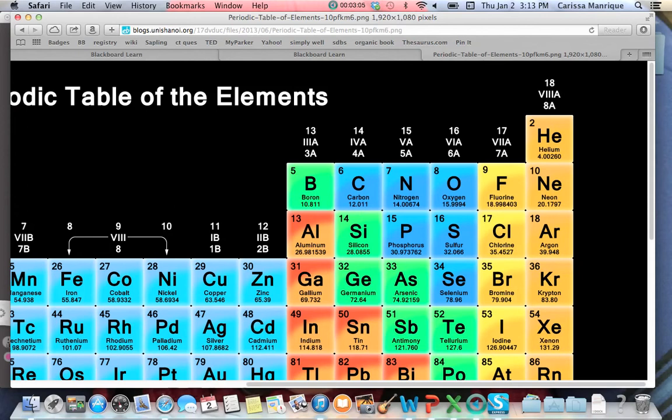But it's actually about 99.9% 12, 0.08% 13, and maybe 0.02% 14. Carbon 13 means we have 1 additional neutron, and carbon 14 means we have another additional neutron.